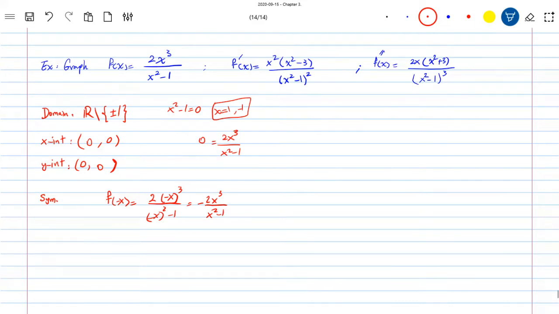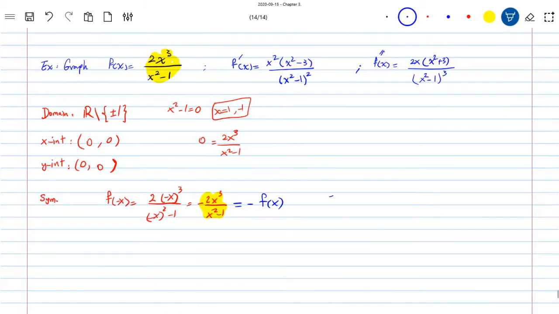What is the relation between f of negative x, which is this term, and f of x, which is that? See that it's exactly the same function multiplied by a negative. So I can say it is the same as minus f of x. So f of negative x is the same as negative f of x.